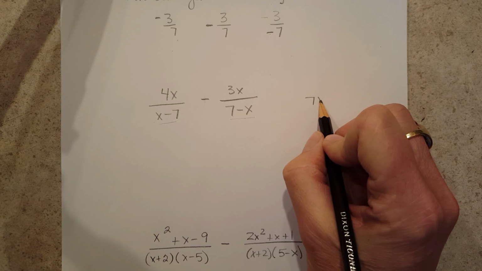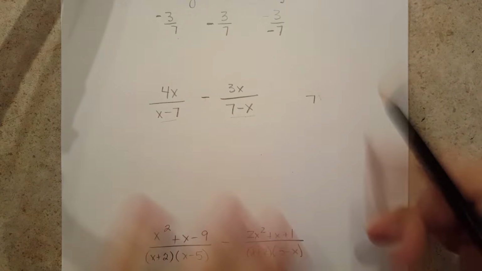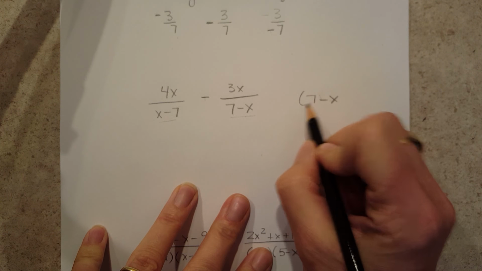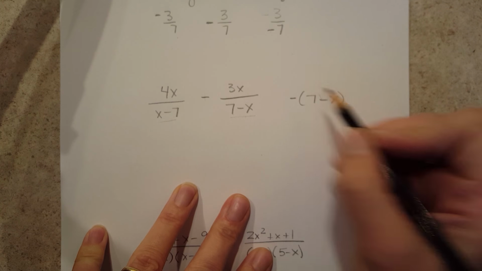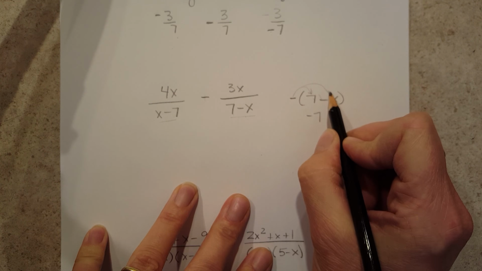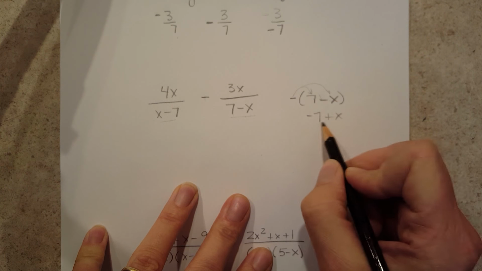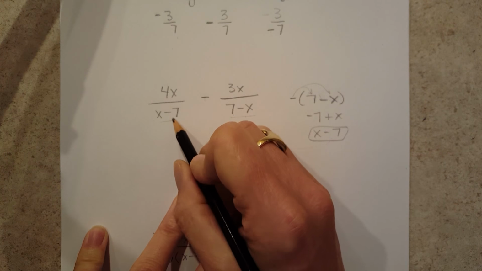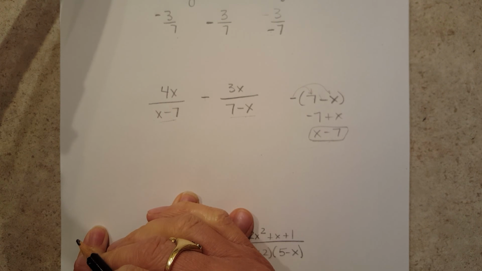But what happens to my 7 minus x if I make it all a negative? Well, you just distribute that. That makes that a negative 7, and it makes this a positive x. So it really, if I reorganize, is this, which is that, right?